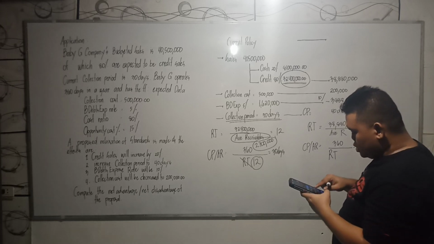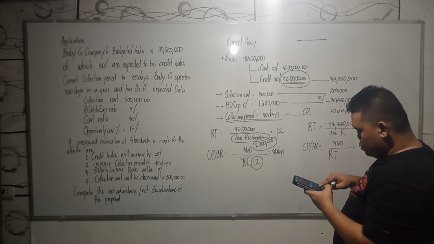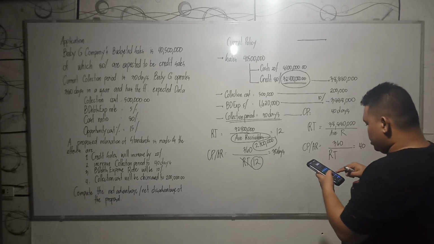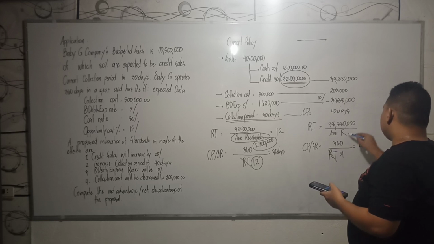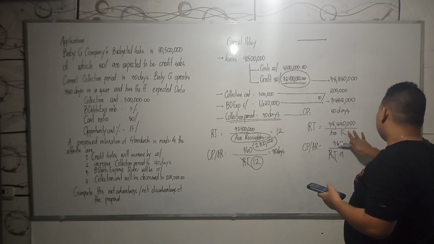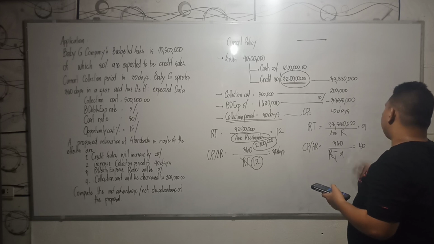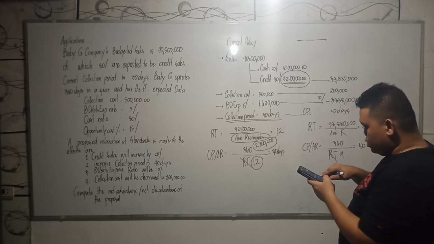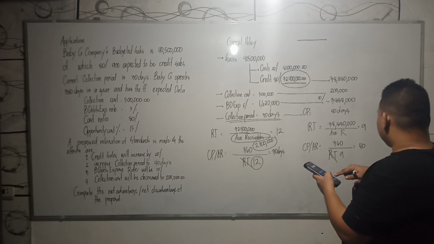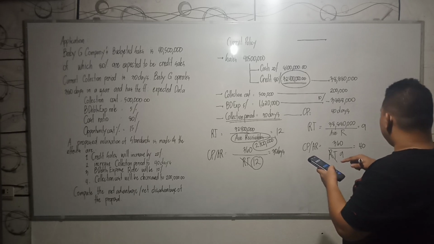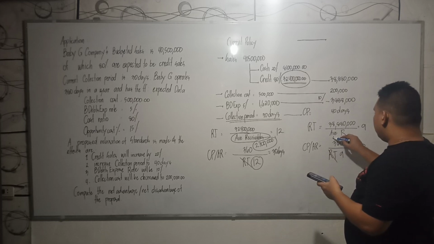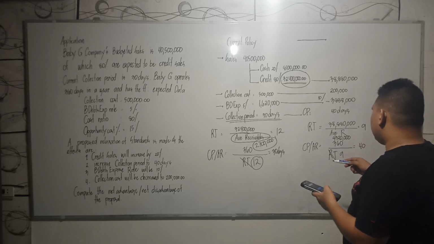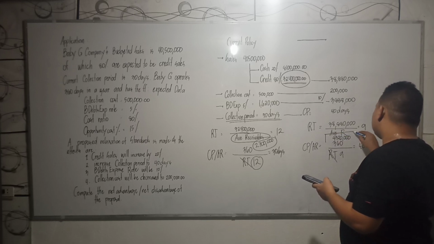So we can just do 360 divided by 40 days. You have a receivable turnover of 9. So 38,880,000 divided by 9, and you will have 4,320,000. And as you can see, it increased.